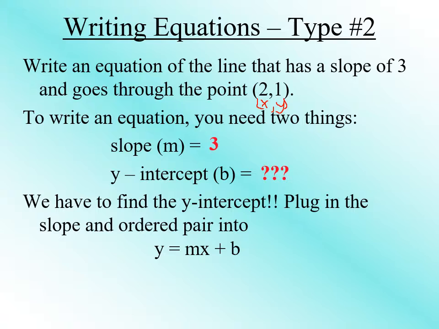So we're going to remember y equals mx plus b, plug in the m, plug in our y value of 1, our x value of 2, and then we can solve for this unknown of b using our equation solving skills. 3 times 2 is 6.